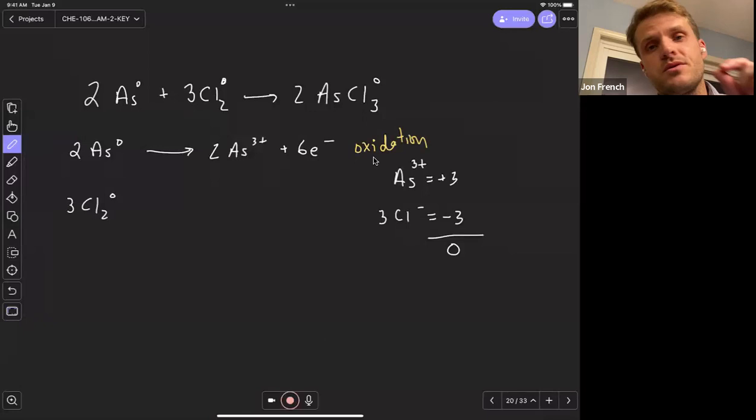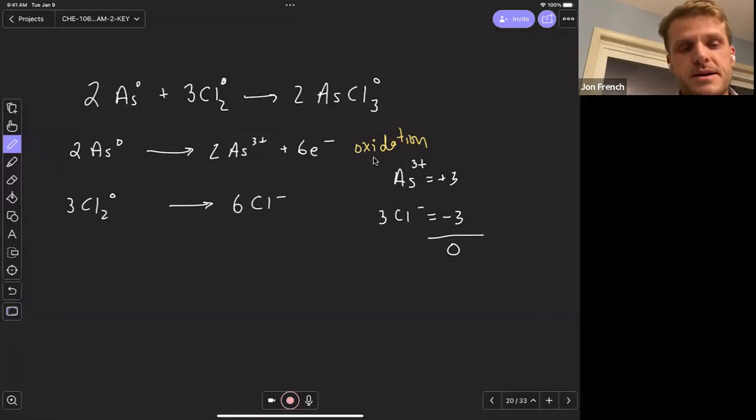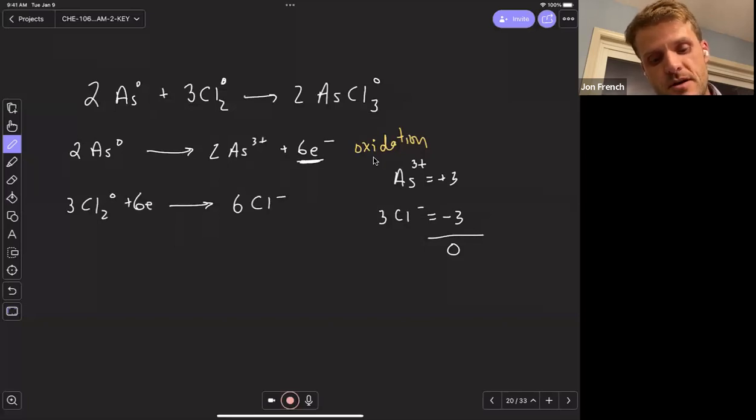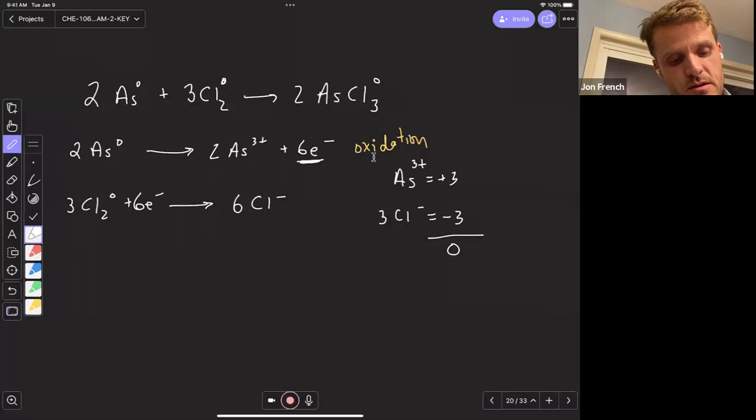Diatomic chlorine is 0. It can't have a charge. It's a neutral molecule. It reacts to form 6 chlorines at -1 each. So how do I balance that out? The 6 electrons that were lost from arsenic are gained by that chlorine. So there is our reduction half reaction.